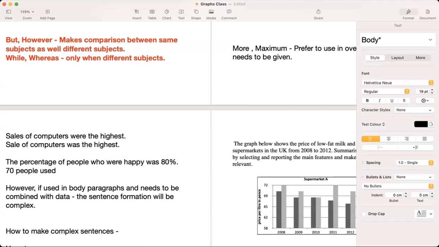70 people used energy, which was the, we'll take it nuclear energy. यहाँ पे was आएगा क्या?